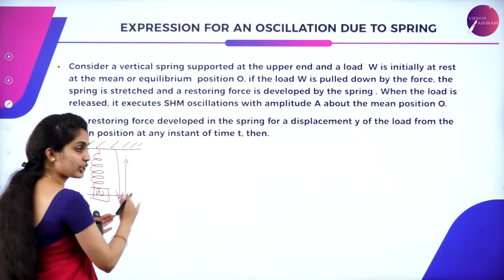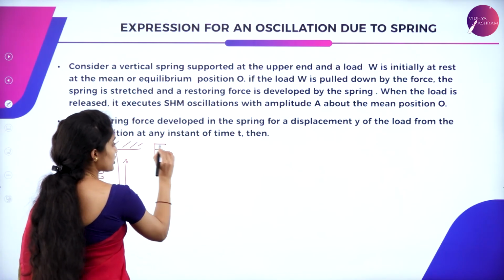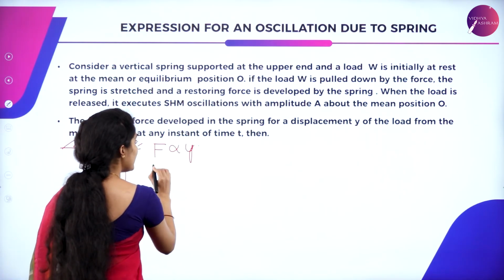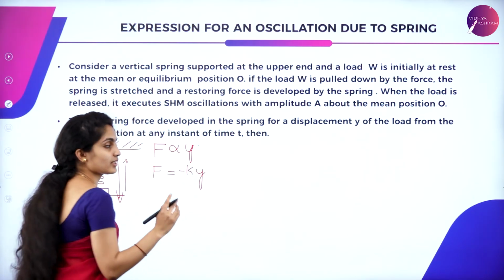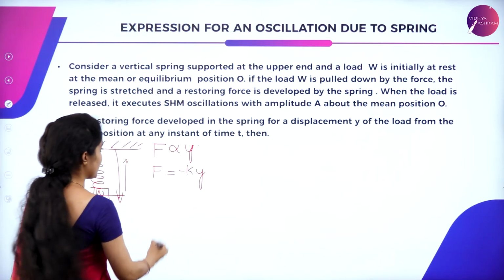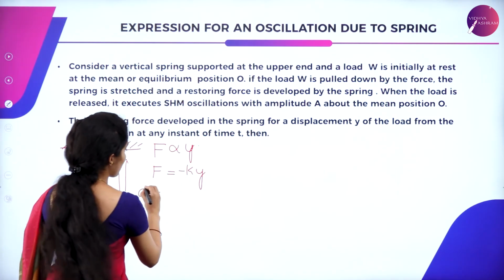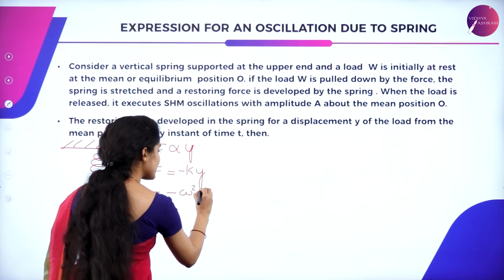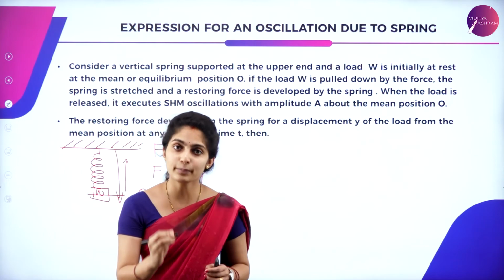This is the mean position, so it undergoes displacement and it gets restored back, which is given by stress is proportional to strain, and F is equal to minus Ky, because minus is nothing but the restoring force sign. So according to this, we have the acceleration formula to be minus omega square y in the case of the simple harmonic motion condition of a particle.